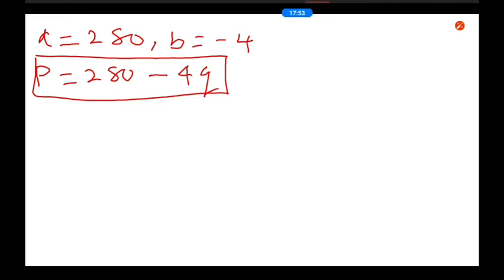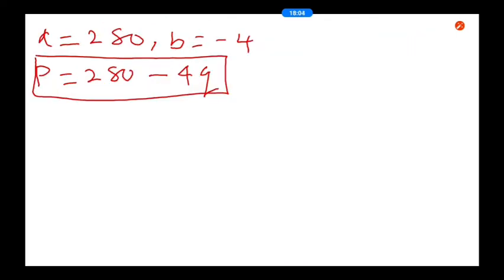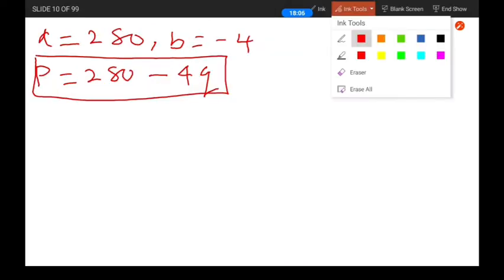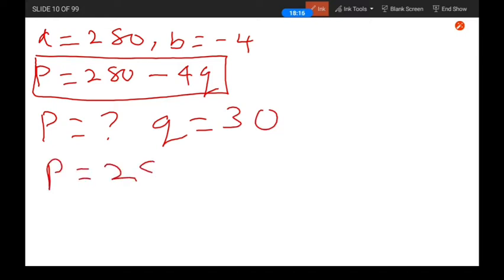Now, what does the question say? Let's go back again to see what the question says. Find the relationship between P and Q. We have found that. Find P when Q is 30. So that is our next thing. So we have P equals 280 minus 4 times 30.